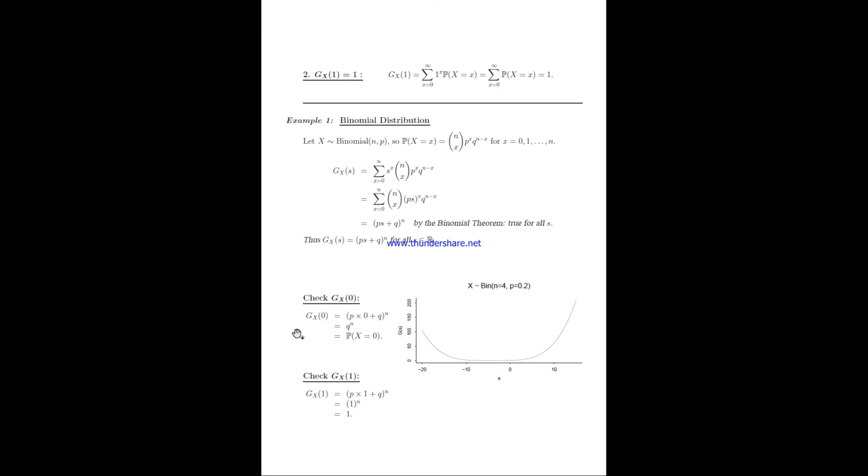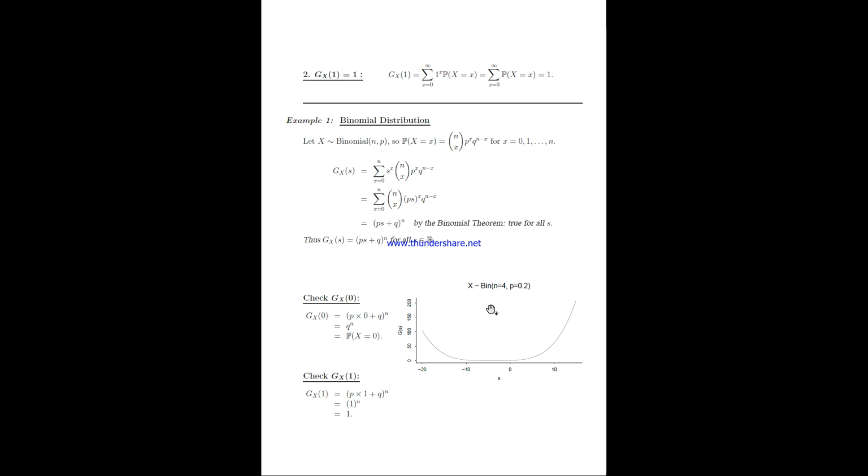So the properties of the probability generating function are satisfied by the probability generating function of the binomial distribution. You can take some values for s, check the respective values of the probability generating function, and plot them. You can take any number of trials and probability of success and see the shape of the distribution.